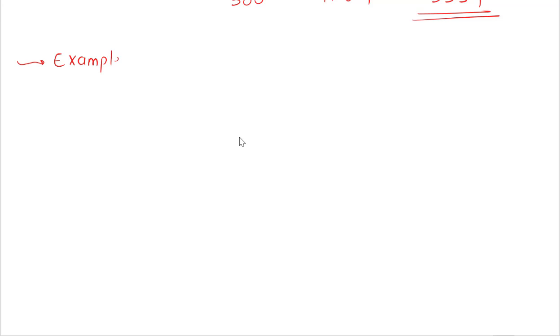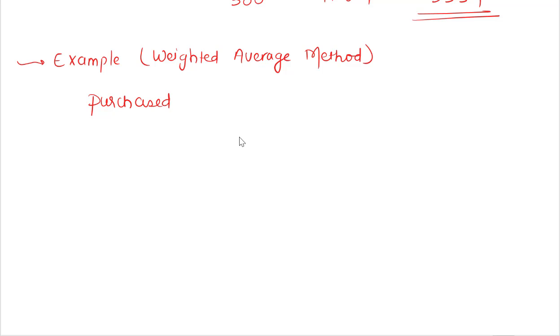Example, weighted average method. Write the question. Purchased 100 units at 12.5.